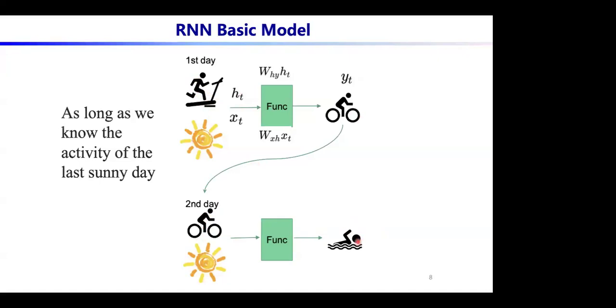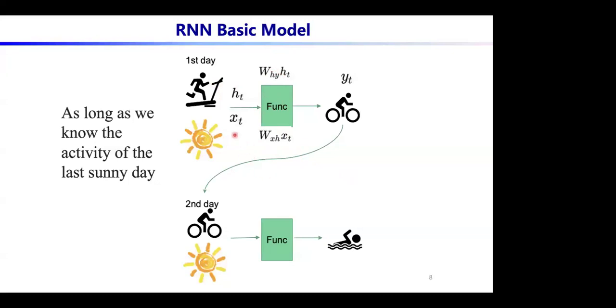Obviously, we want to have more variety of activities. So that means we have to memorize not only the immediate previous day's activity, but also the earlier ones. So obviously, it means that we have to have a series type of network, not just the two inputs, immediate history and the current condition.